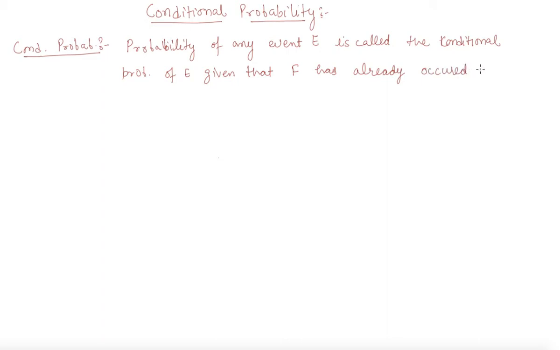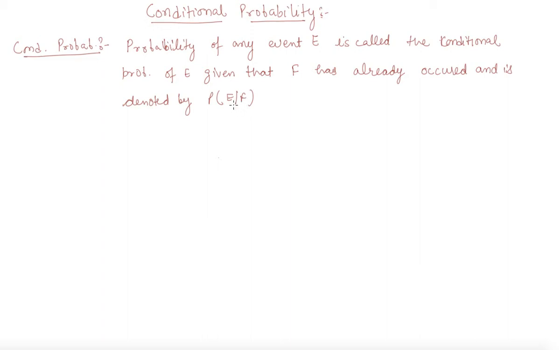And it is denoted by P(E given F), meaning the probability of occurrence of E when F has already occurred.